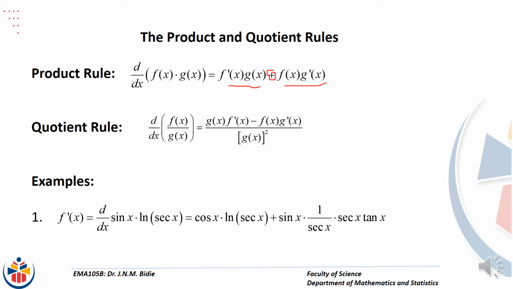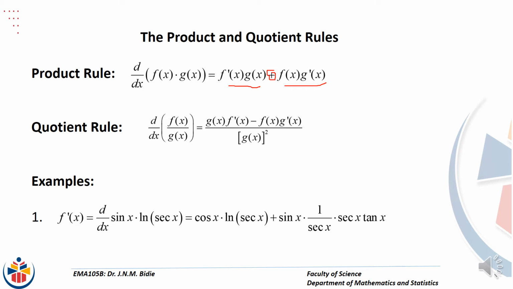Now we go to the quotient rule. Quotient rule is f of x divided by g of x. So first things first, take the denominator up to the numerator, multiply it by the derivative of the numerator minus the numerator times the derivative of the denominator.